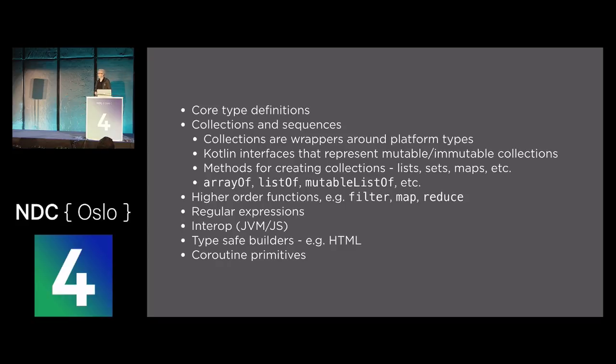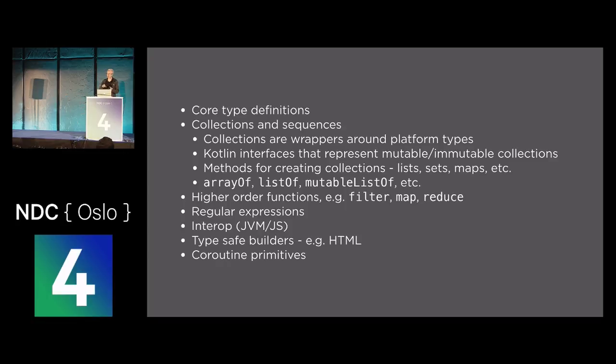It also defines some collections and sequences. Because we target very different platforms, we also want to have some collections and sequences that you can use here. These are wrappers around the platform types, and they provide interfaces that represent mutable and immutable views on those wrapper types.